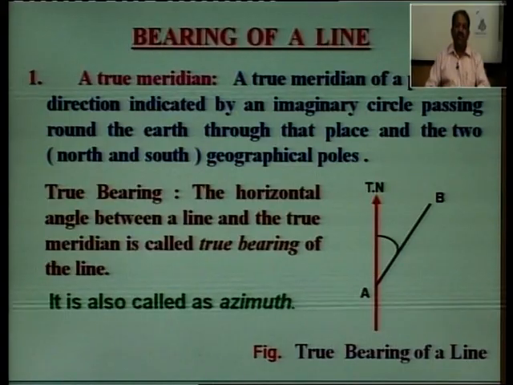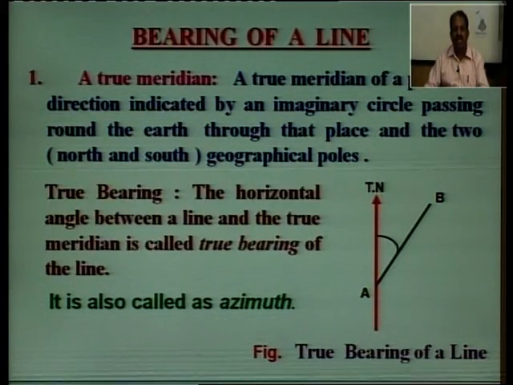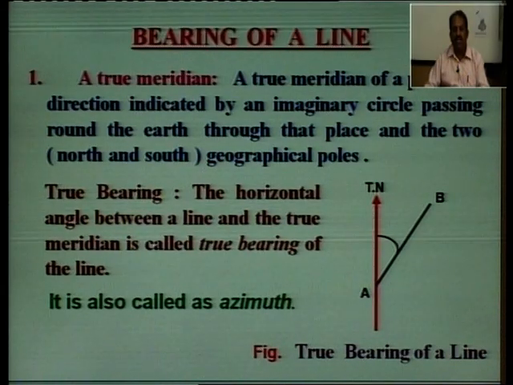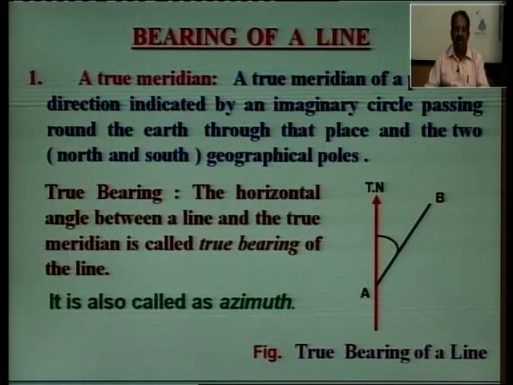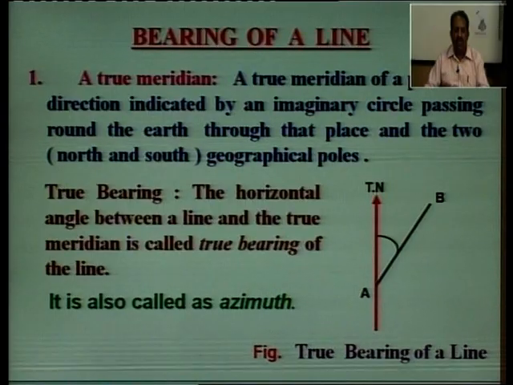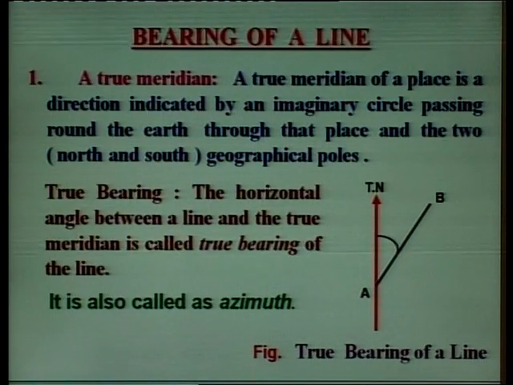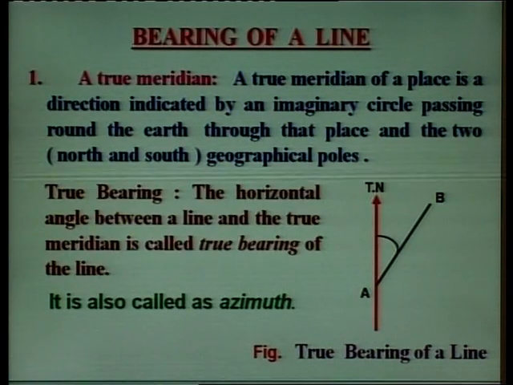So, a true meridian of a place is a direction indicated by an imaginary circle, that is, if we assume an imaginary circle which passes as true bearing of a line, it is also called azimuth.